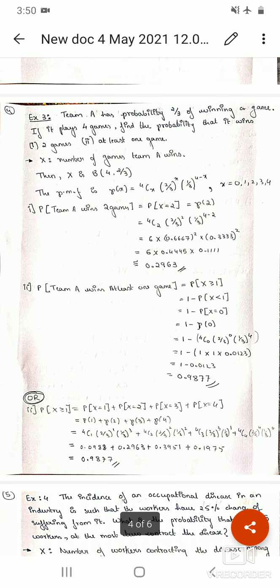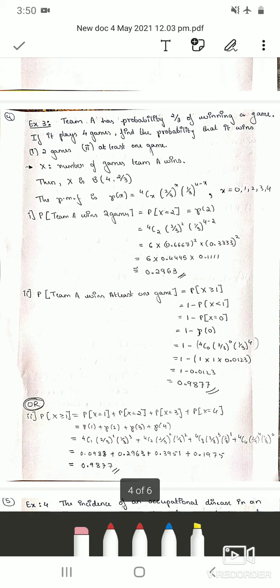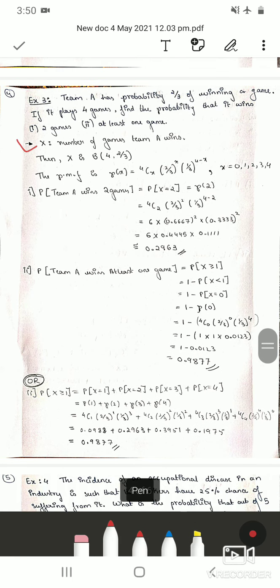The first step is you have to define what is x. So here x is the number of games team A wins. So note that whatever is asked in the question should be your x. You have to take it as your x. Here we are interested to find the probability that team A wins. So here x must denote the number of games team A wins.